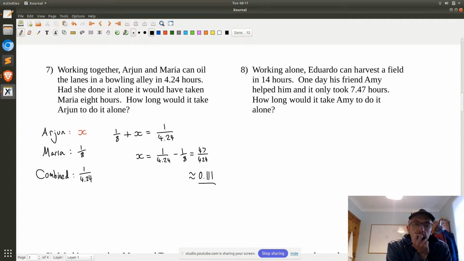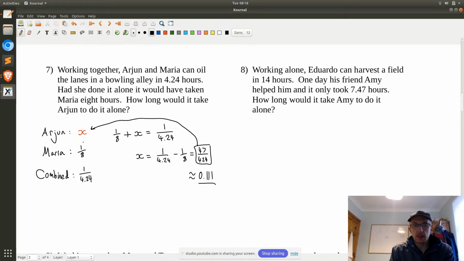Now, how long would it take him to do it alone? Well, this fraction will then go right there where X is.